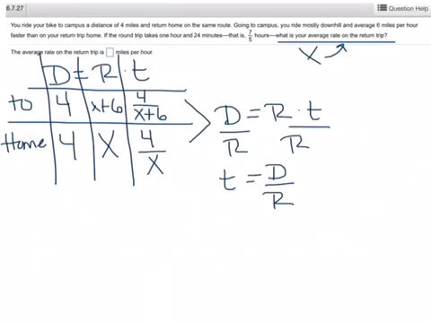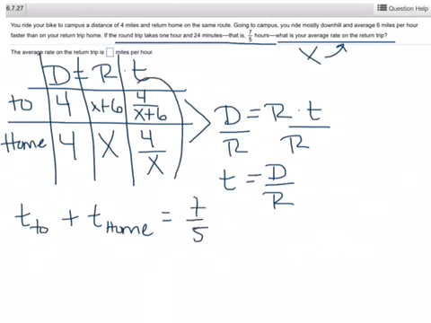Great. Now to get our equation, we're going to use the fact that the round trip takes 7/5 hours. That means that the time going to campus plus the time coming home from campus must total 7/5.